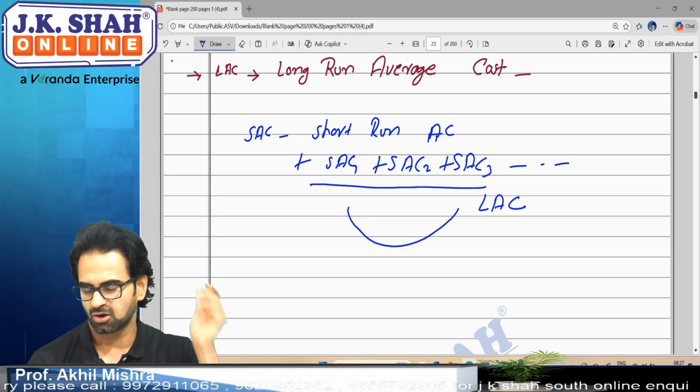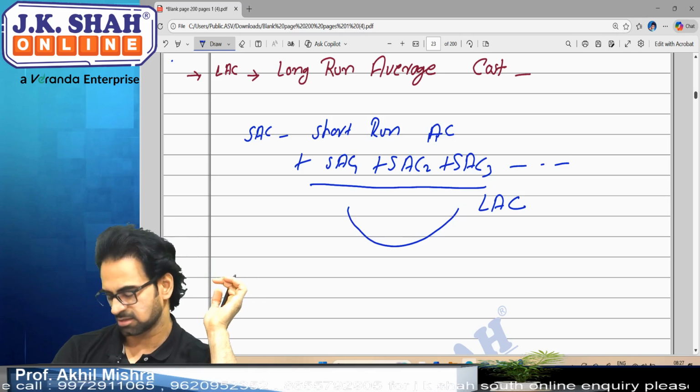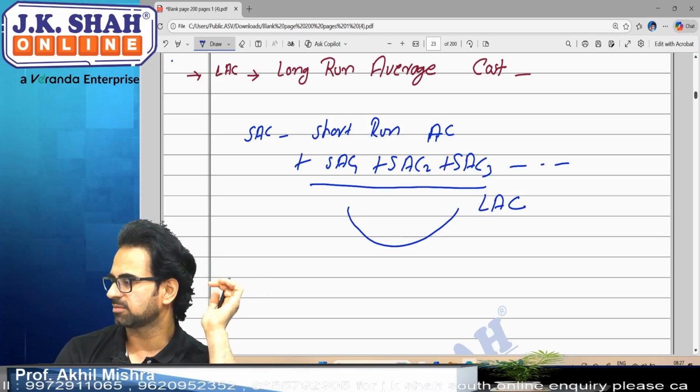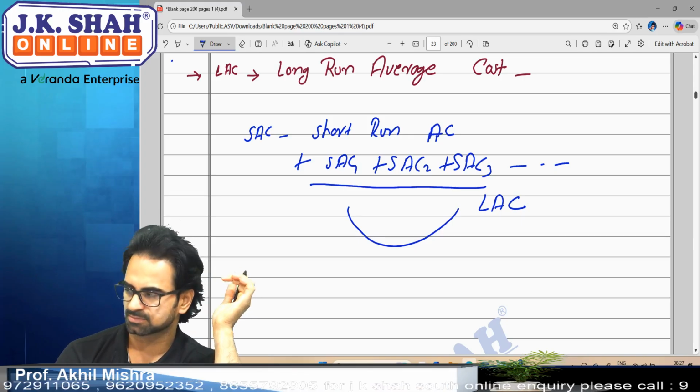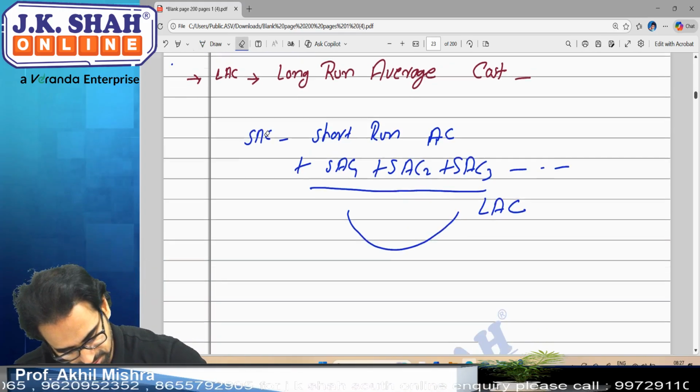So long run average cost is nothing but a lot of SAC together makes the long run AC. Understand? So how can we draw that?